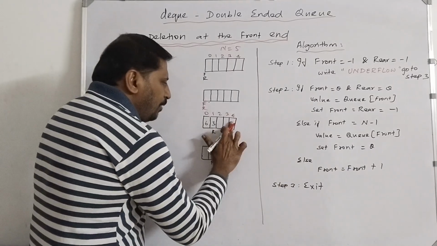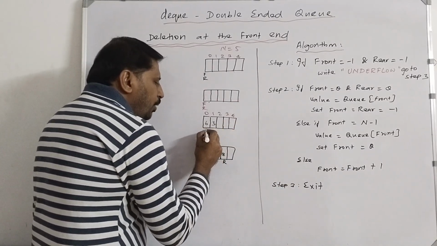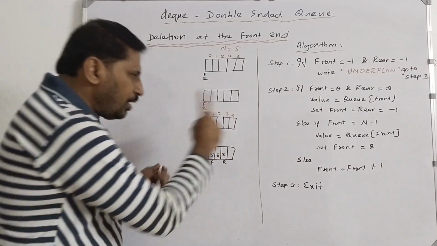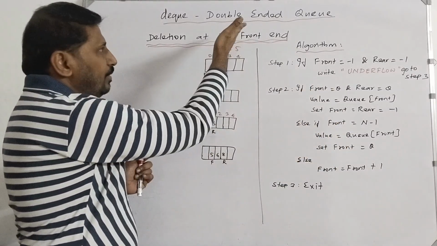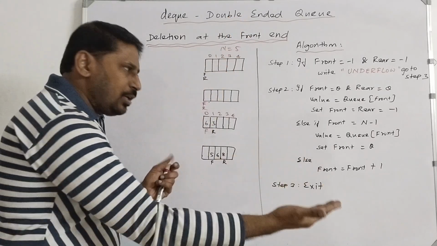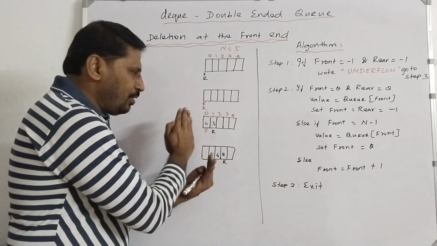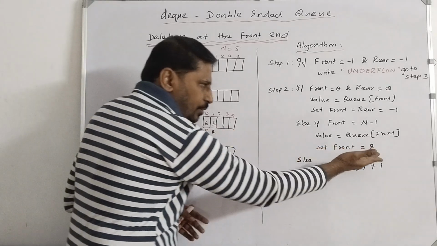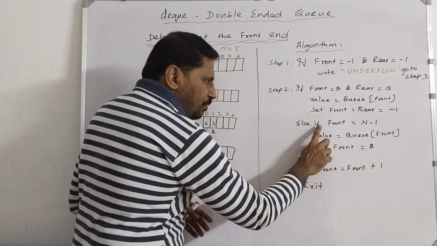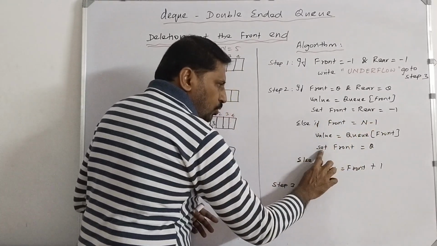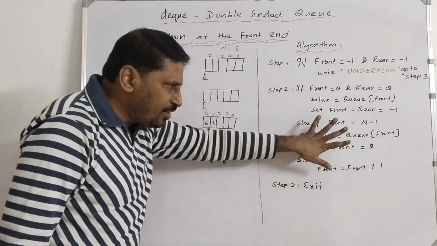After taking this front value, we reassign the front pointer from the last array position to the first, because it is a double-ended queue. So automatically the front pointer comes to the 0th location. If this condition is true, set front equal to 0. This is the second case.